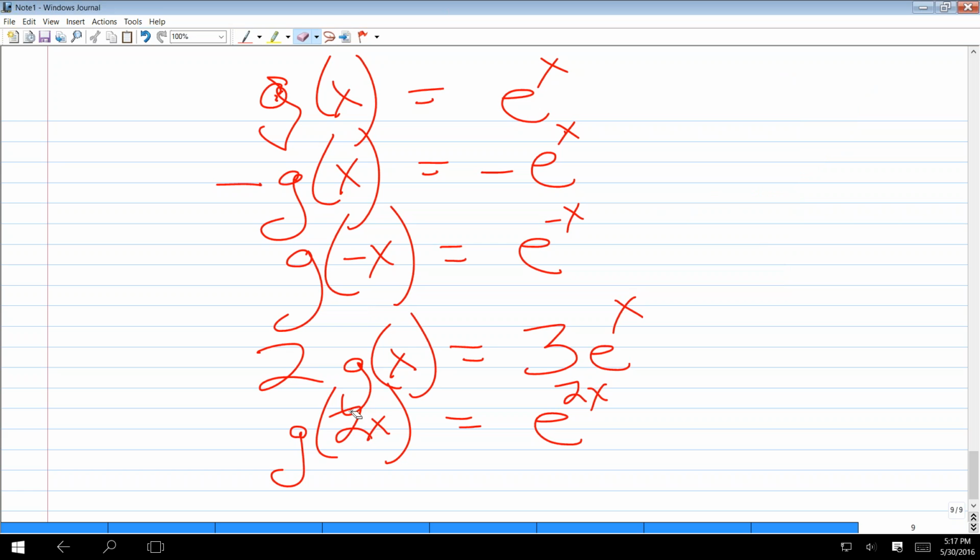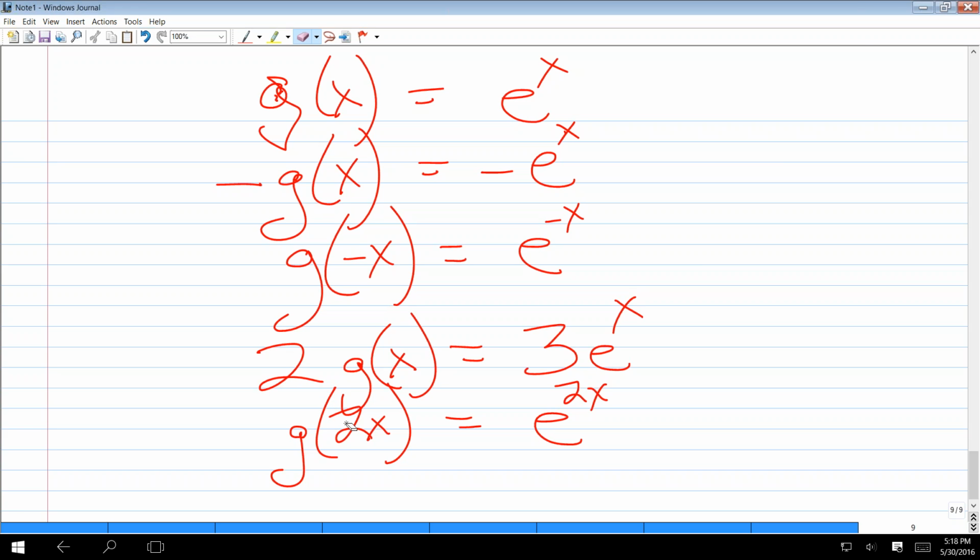Now notice this operates in exactly the opposite way that this does. If this number is greater than 1, it makes it skinnier. If it's between 0 and 1, it makes it fatter. Well, this number, if it's greater than 1, makes it skinnier. If it's between 0 and 1, it makes it fatter. So they have the opposite effect, basically, at least in terms of words.